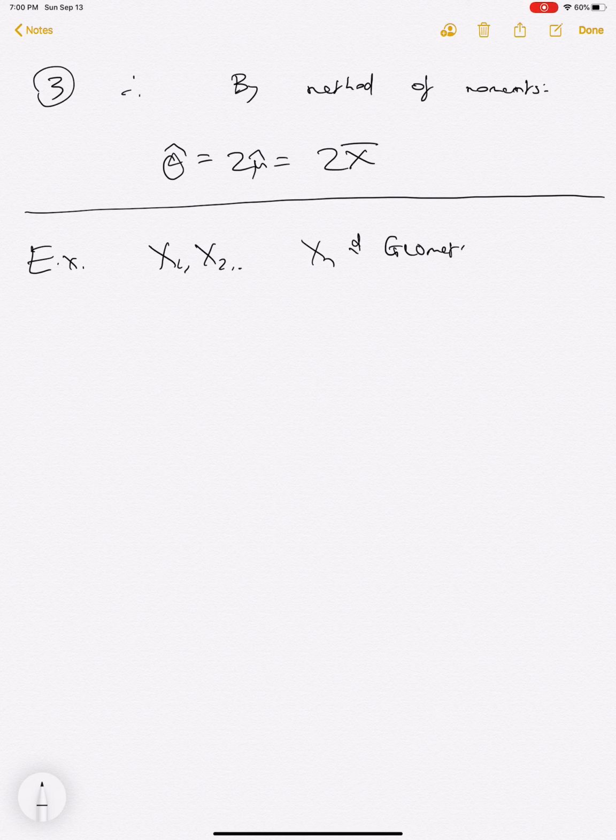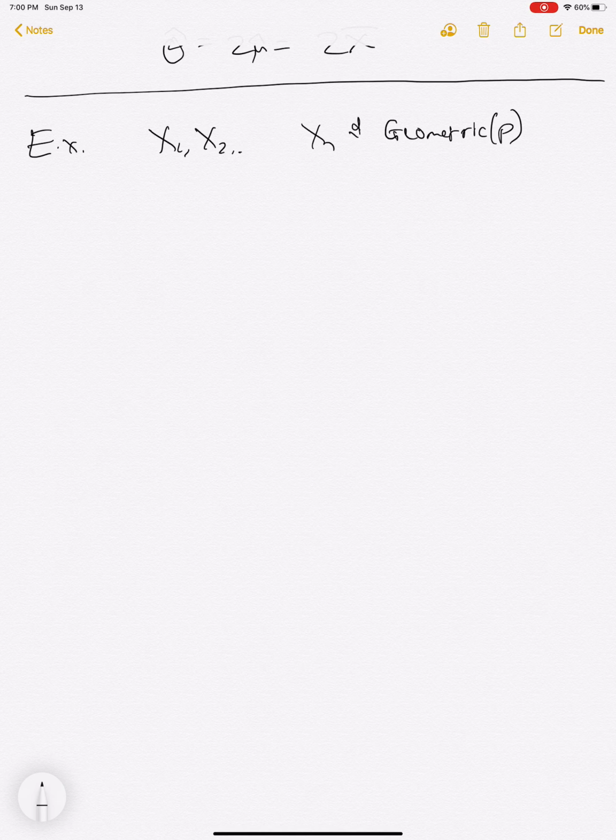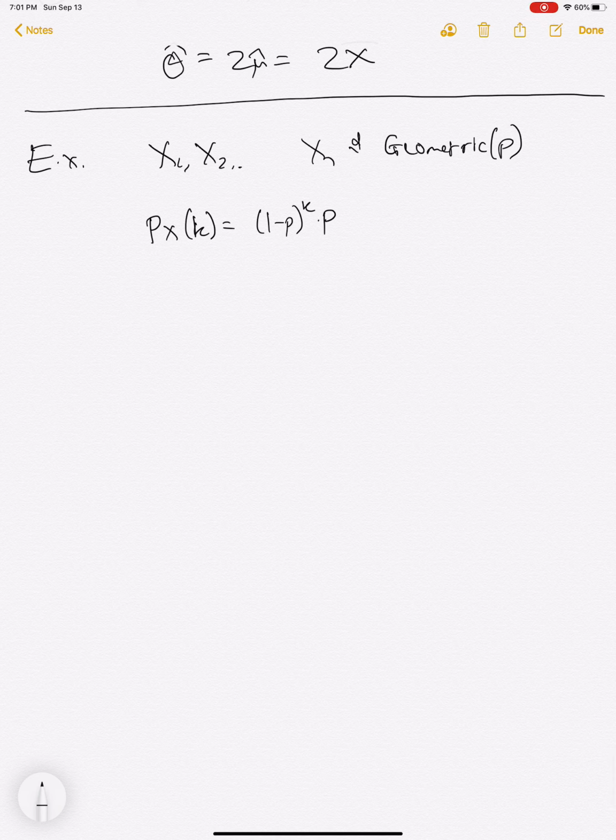Let's look at the geometric distribution. Remember that we covered it in the second lecture when we went through distributions. The PMF is going to be 1 minus p to the k times p.